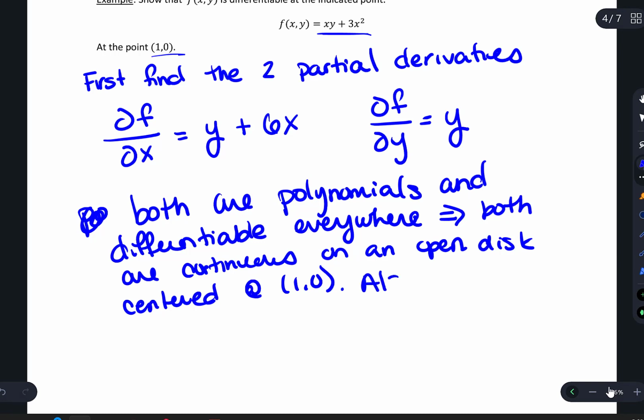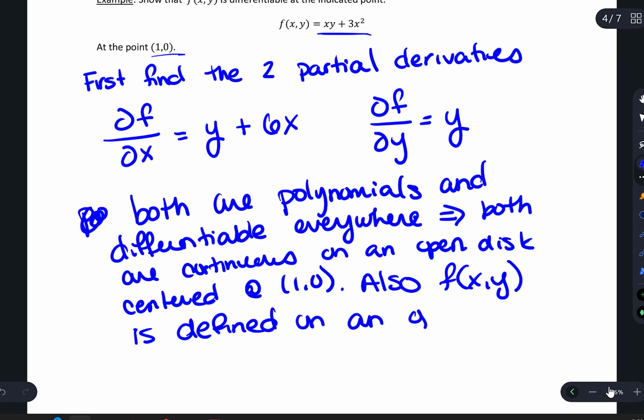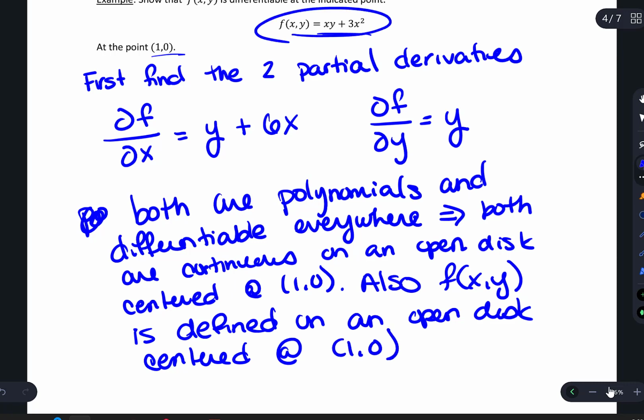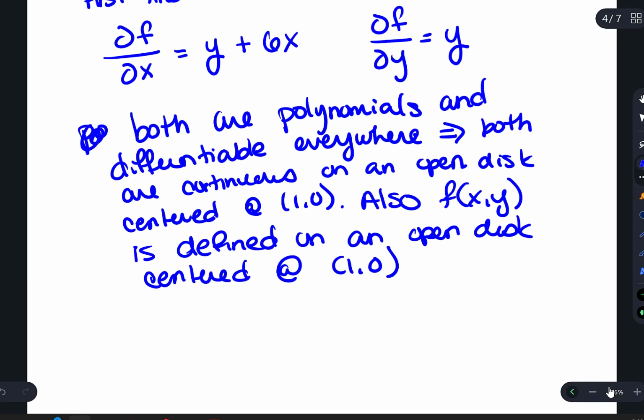And then also f of x y is defined on an open disk centered at 1, 0. And again, this is because this function is defined everywhere, so we don't have to worry about it.